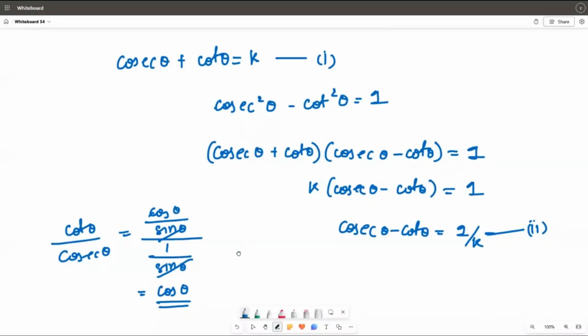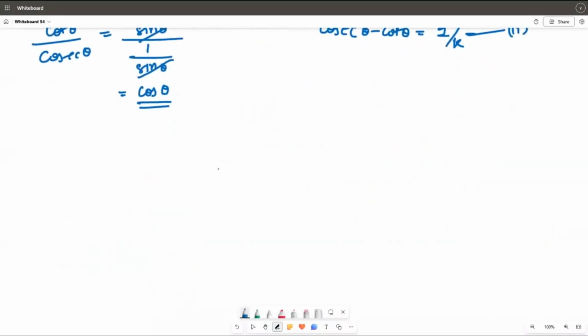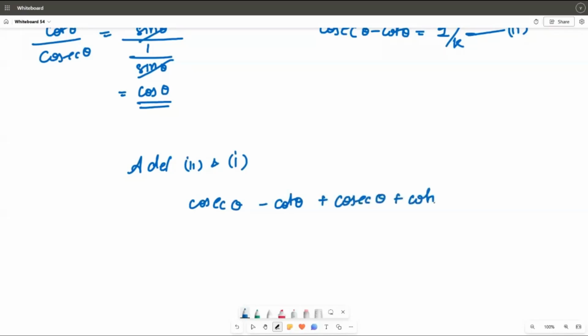To find cosecant theta and cot theta separately, first let's find cosecant theta. To find cosecant theta, add both the equations, add the second and the first equation. So we have cosecant theta minus cot theta plus cosecant theta plus cot theta is equal to k plus 1 by k.